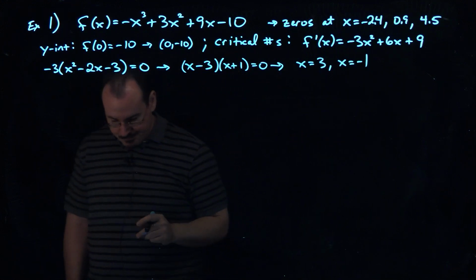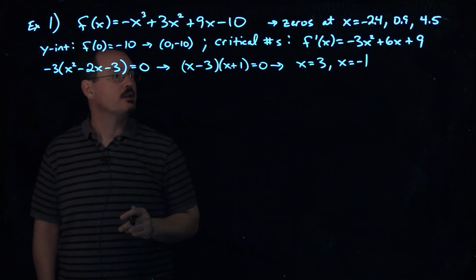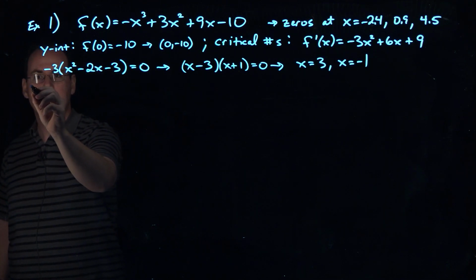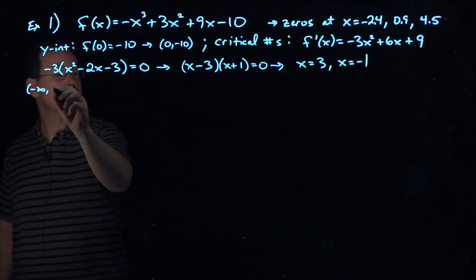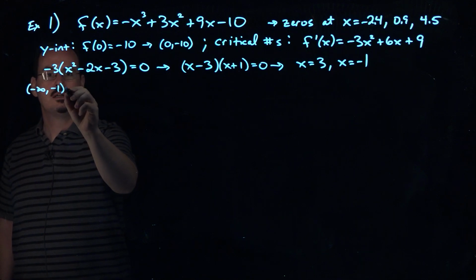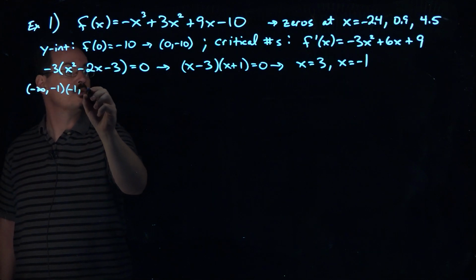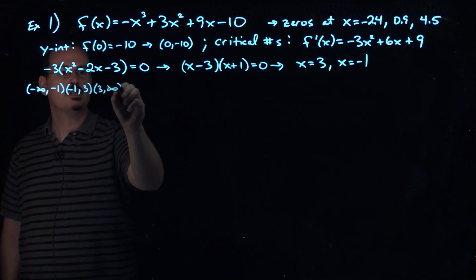Okay, so we want to use these to figure out where the function's increasing and decreasing. I'm going to make a small table over here. Again, this takes a lot of room, so we'll go from minus infinity up to minus 1. We'll go from minus 1 up to 3. We'll go from 3 to infinity.